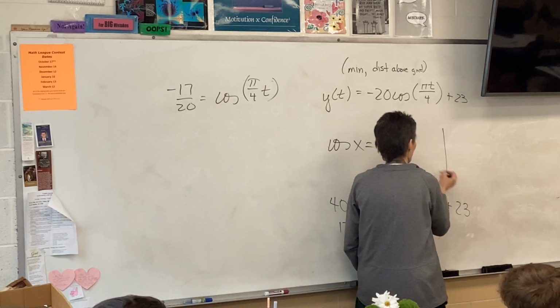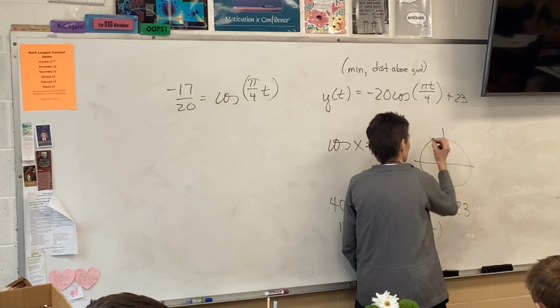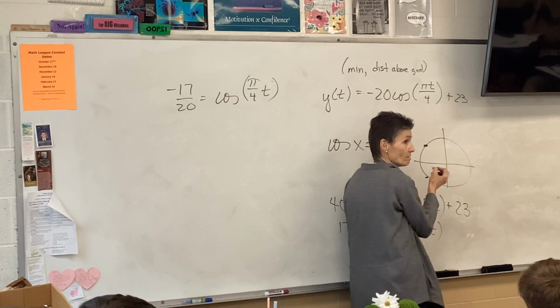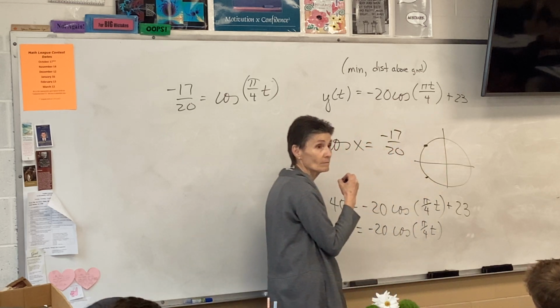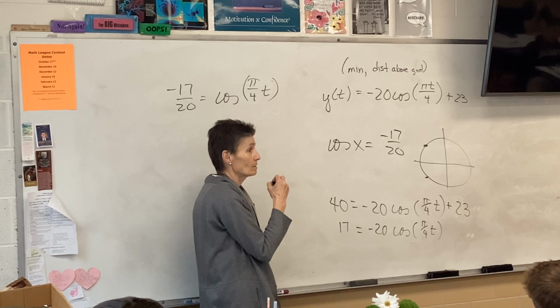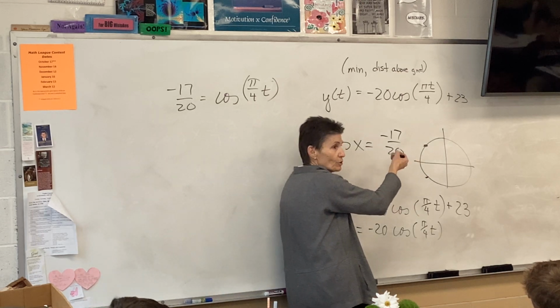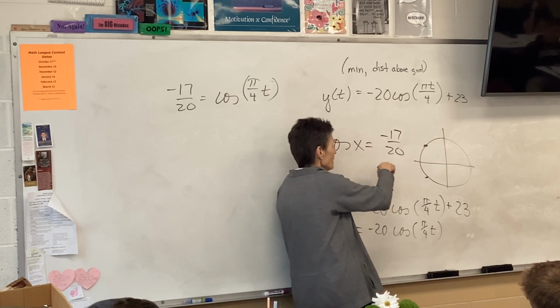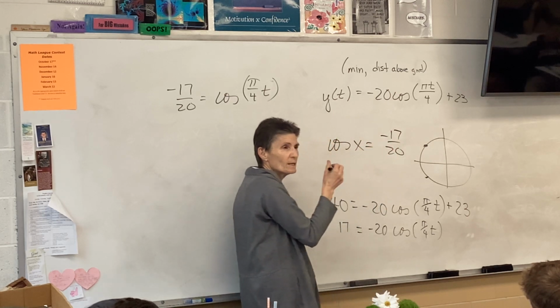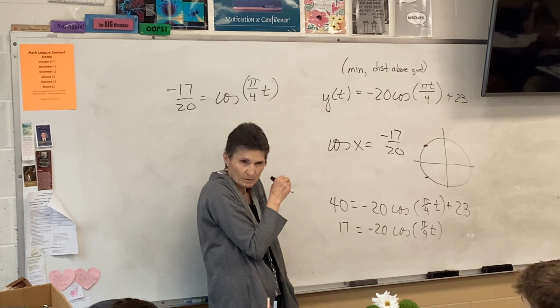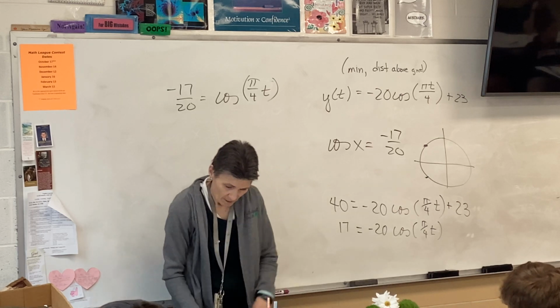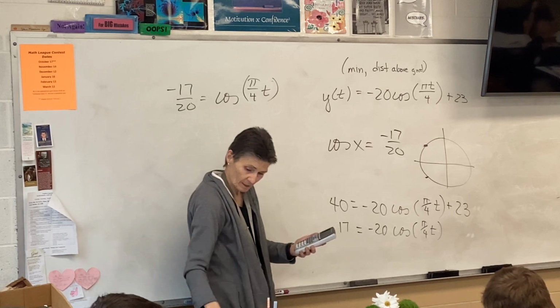Would you think about being over here and over here? If this were root 3 over 2 or something, we'd have it made in the shade, but it's 17/20, so I'm gonna need my calculator. So what am I gonna type in?